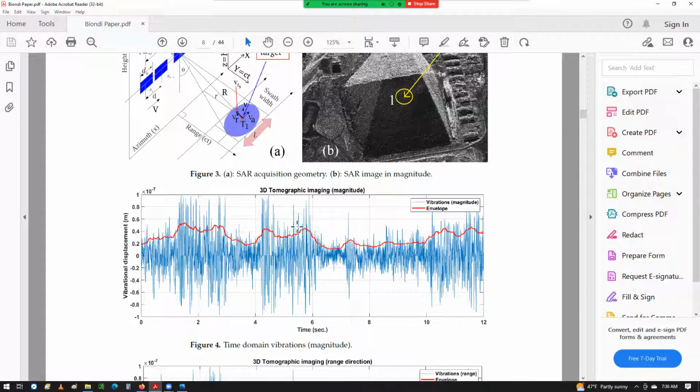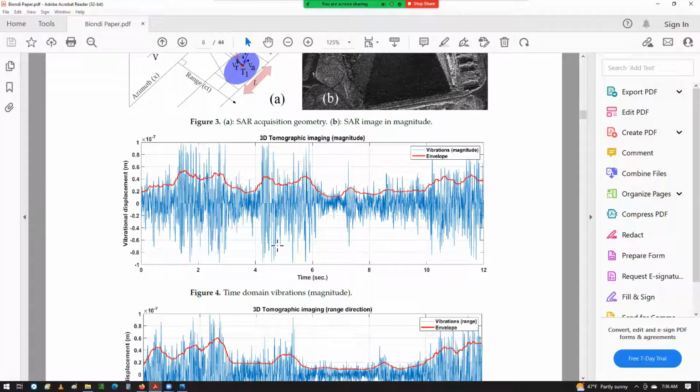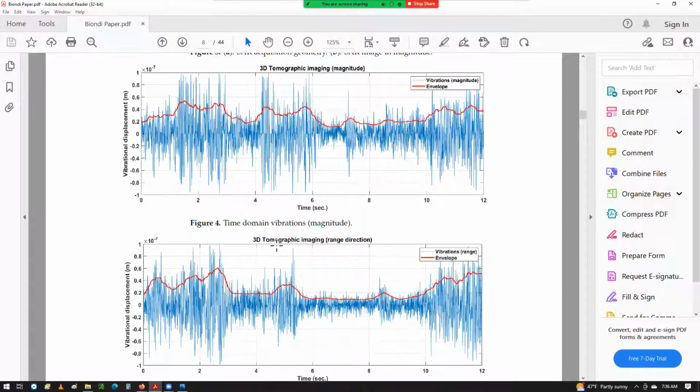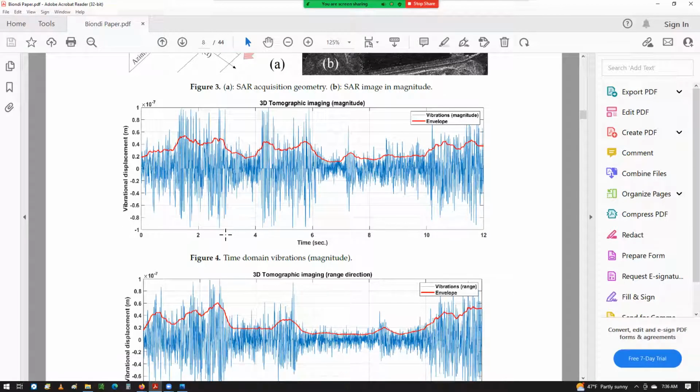So here again, proof of principle. They're picking this particular point, and they look at the signal that they obtain from this point, and it turns out that you see a vibratory signature. This is the magnitude of it, which is significant.